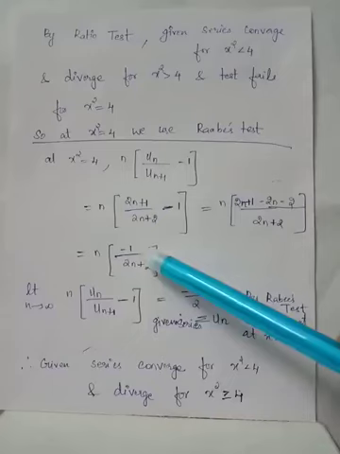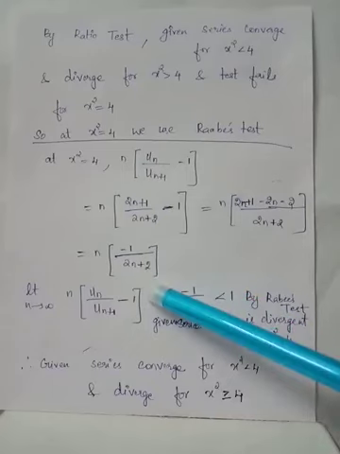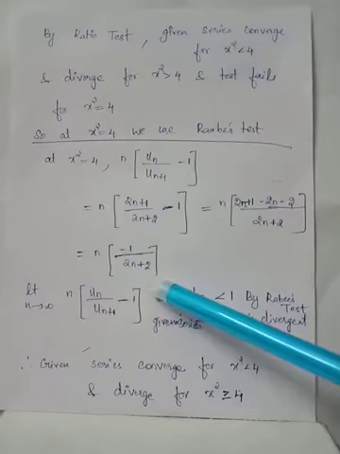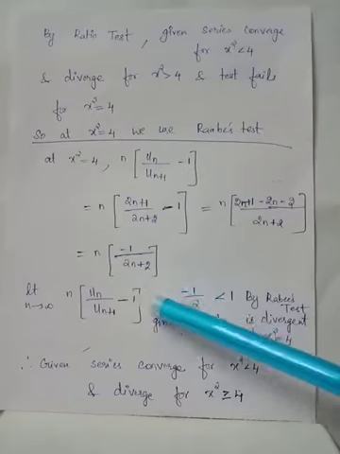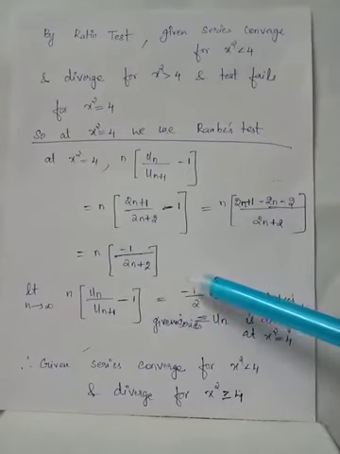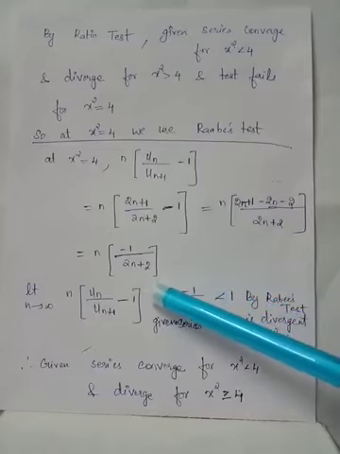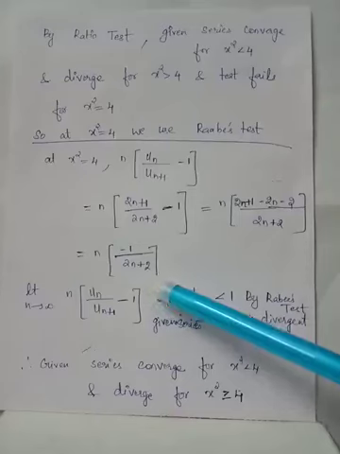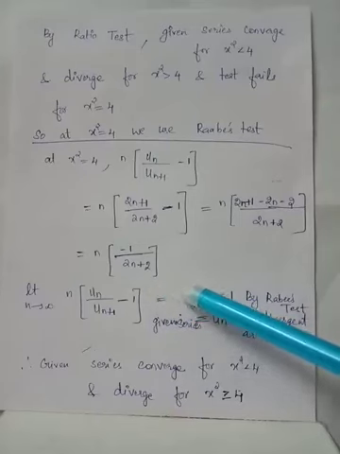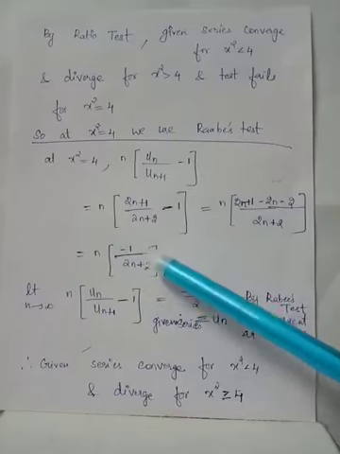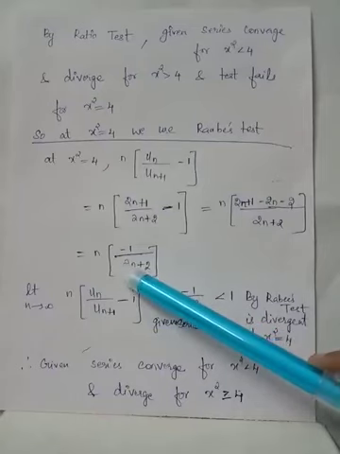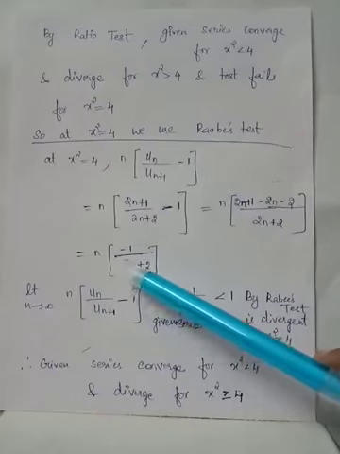So this expression 2 by n, after dividing the denominator by n, becomes 0 when we apply limit n tends to infinity. Limit n tends to infinity 2 by n is the term which becomes 0 when you apply limit after dividing the numerator and denominator by n. Here when you divide it by n, this is becoming 2.